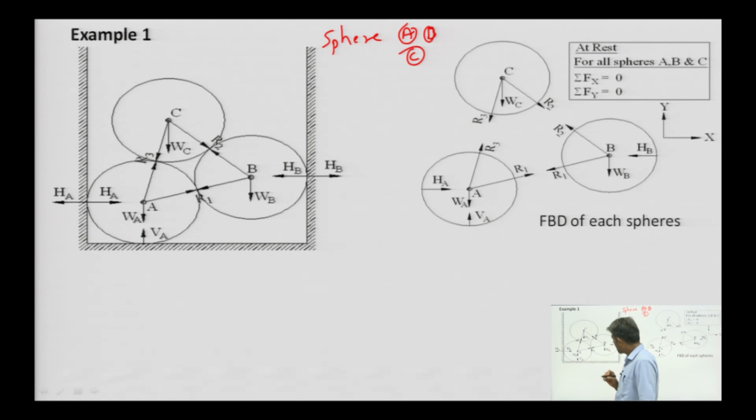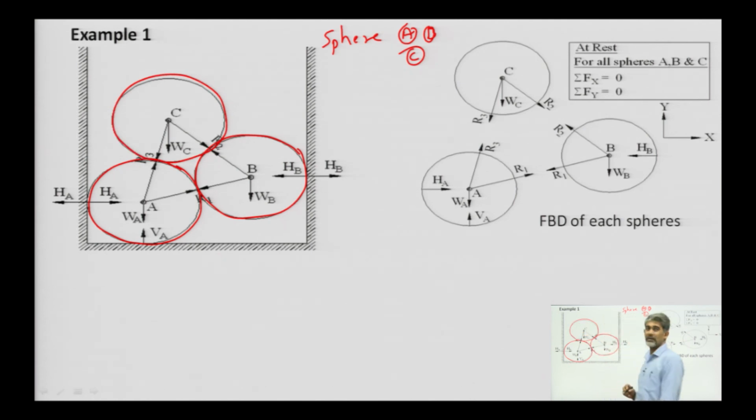This is sphere A, this is sphere B, this is sphere C. Sphere A is touching at 4 points: 2 points in the frame and 2 points here, and similarly B is touching the frame at this point and here.